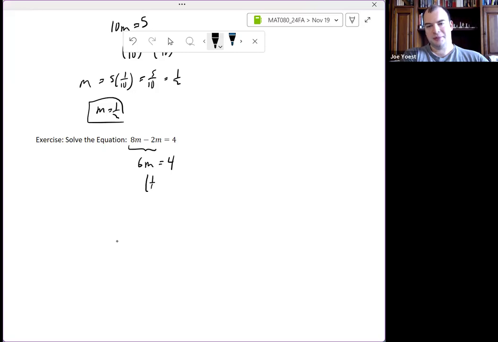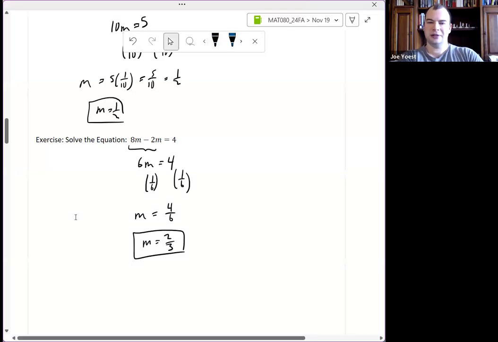I multiply by the multiplicative inverse of the coefficient, 1/6, and multiply that by that on both sides. 6 times m times 1/6, that's 6 times 1/6, or 1 times m, just m. And 4 times 1/6 is 4/6, or m equals 2/3 once we divide out the factor of 2.